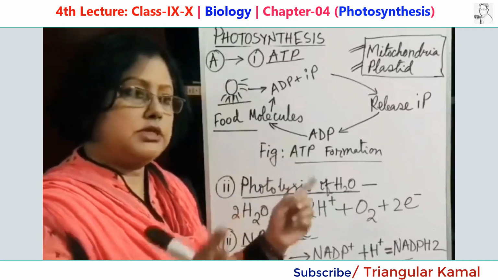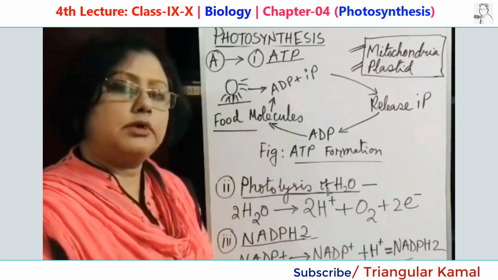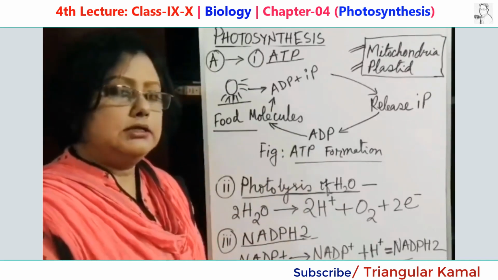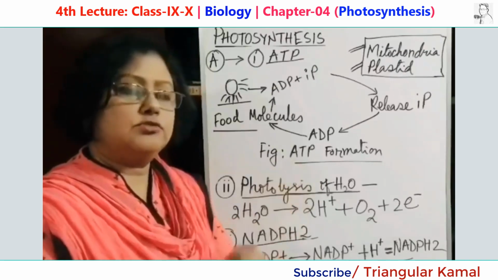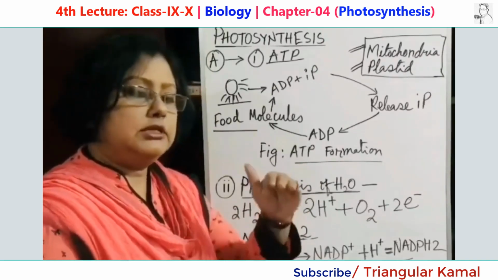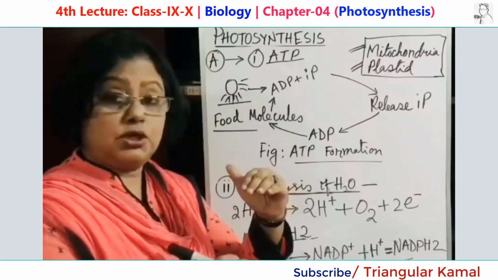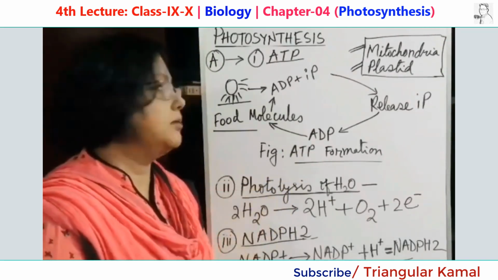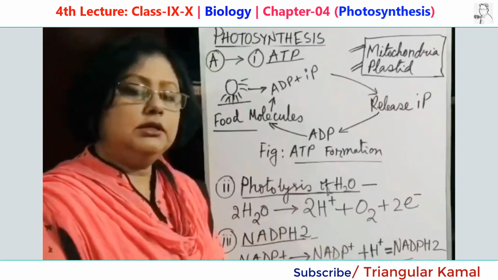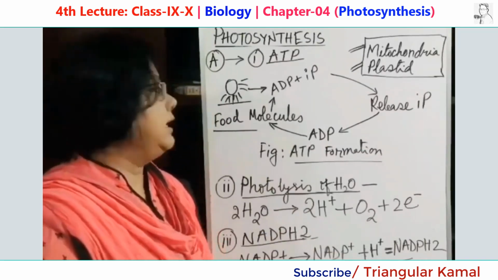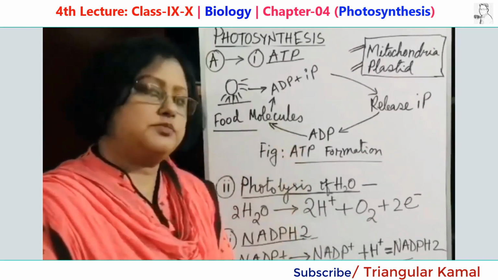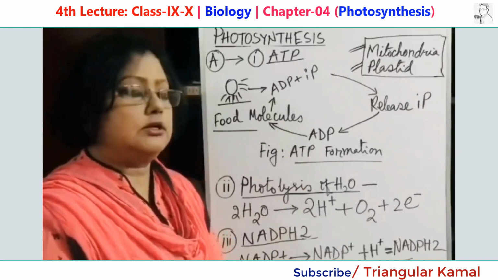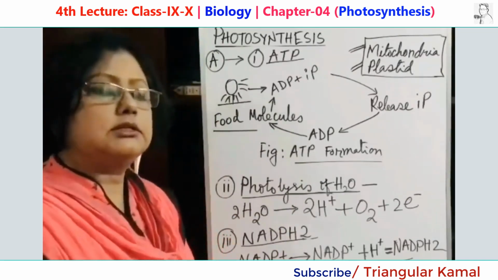The chloroplast is a double layer membrane bounded cell organelle, and inside there are disc-like structures which contain chlorophyll, and many discs together are called thylakoid, and many thylakoids staying in a group are called granum, and the liquid filling the chloroplast is called stroma. ATP formation mainly takes place in the membrane of the thylakoid.